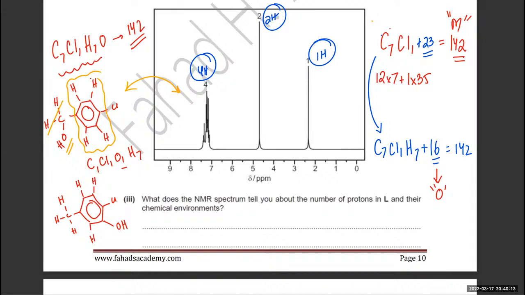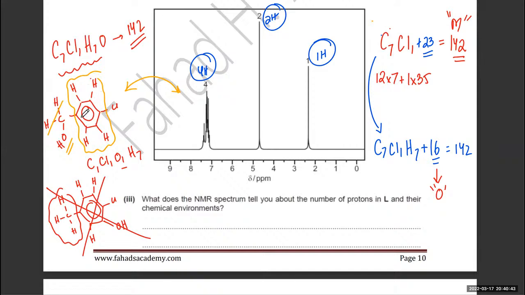No, just 3. This is not going to be the correct structure because there are 3 hydrogen protons in the same environment. That's not possible because we would have gotten a peak with a relative ratio of 3, which we don't have over here. So we don't have 3 hydrogens in the same environment. I've rejected this one.